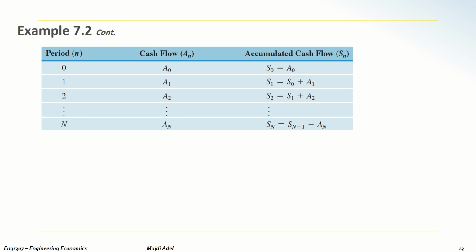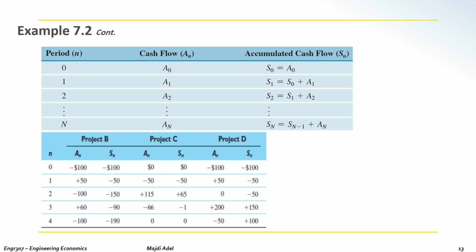We calculate the accumulated cash flow according to the following table, as you can see. For project B, it is minus 100 plus 50, minus 50 in the first year, plus minus 100, minus 150 in the second year, plus 60, minus 90 in the third year, plus minus 100, minus 190 in the fourth year.